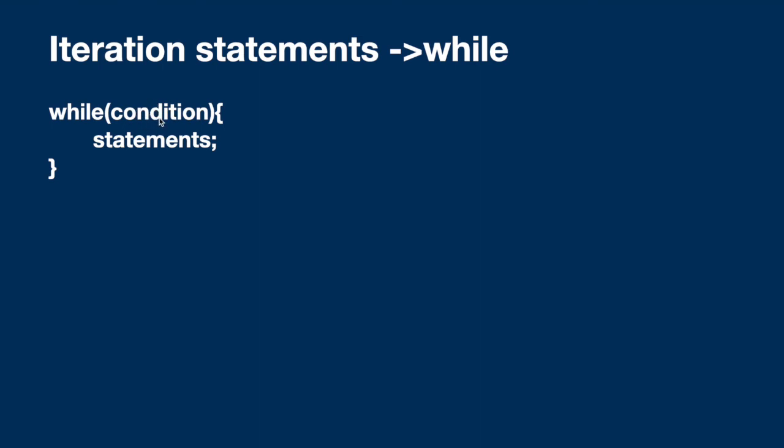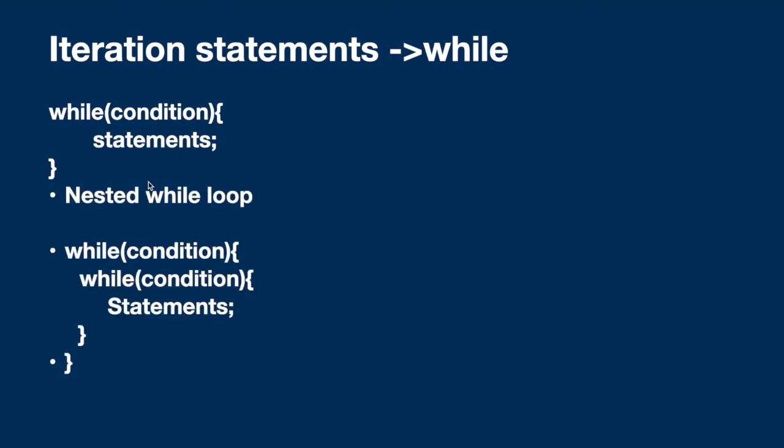This condition is a Boolean value or an expression with a Boolean outcome, like we have discussed in the if statement. So if this condition is true, we will go inside the curly braces and execute these statements. Okay, that's how we do the while statement, and it can be nested as well.